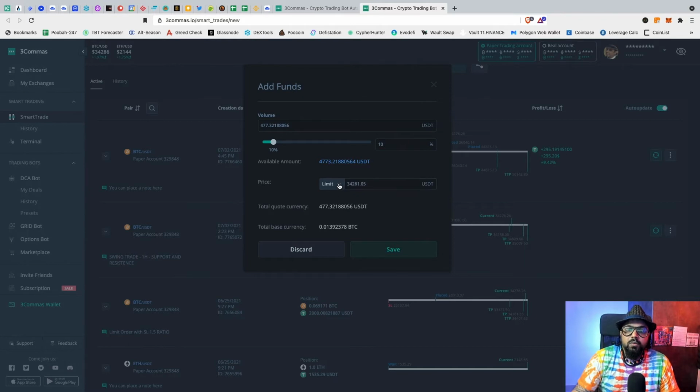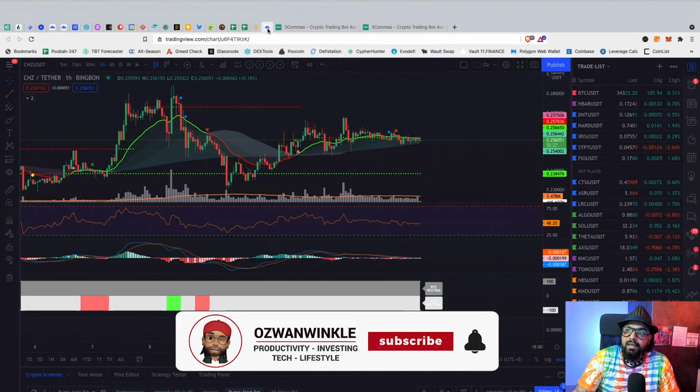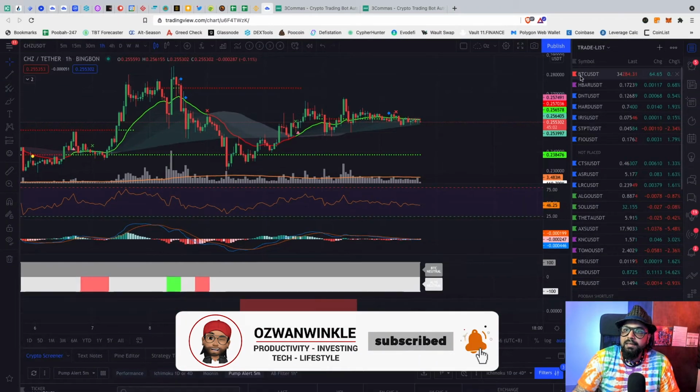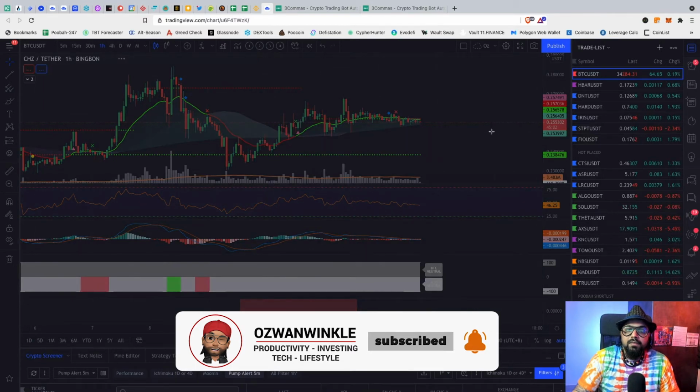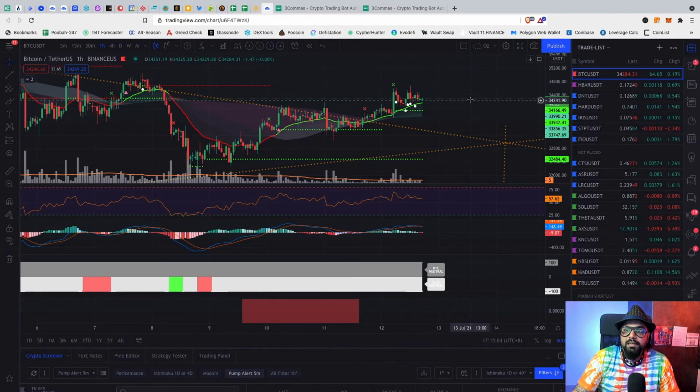So once you've selected limit, the next thing you would want to do is go to the charts, and in this case BTC. You go to the charts of BTC and we see, okay, so this is where the price is right now. Let's just clean this up. This is where the price is right now, and you would like to add funds.